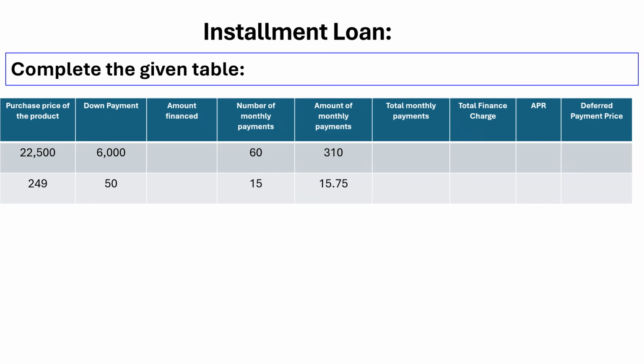In this table, in the first column, the purchase price of the product is given, which is 22,500, and the down payment is 6,000. So now we have to calculate the amount finance. Amount finance means the amount of loan taken.